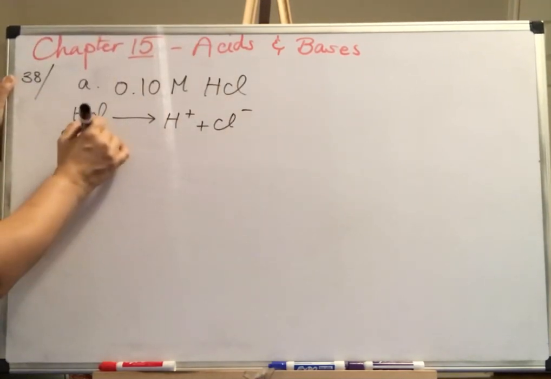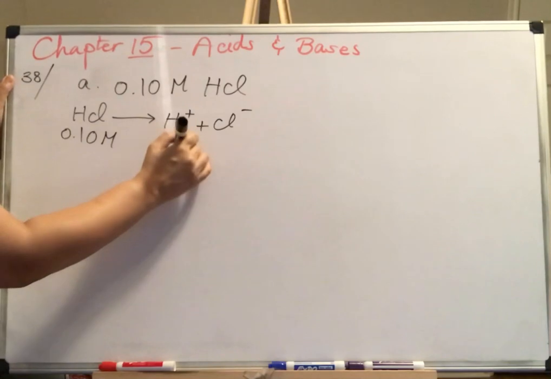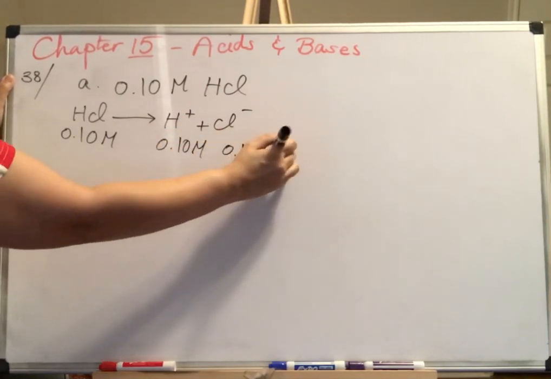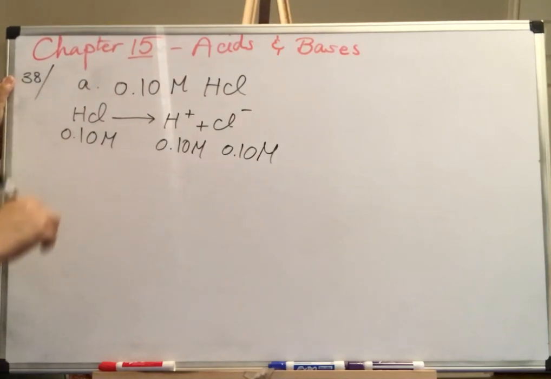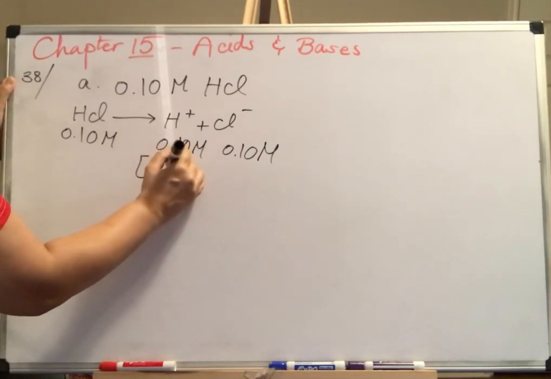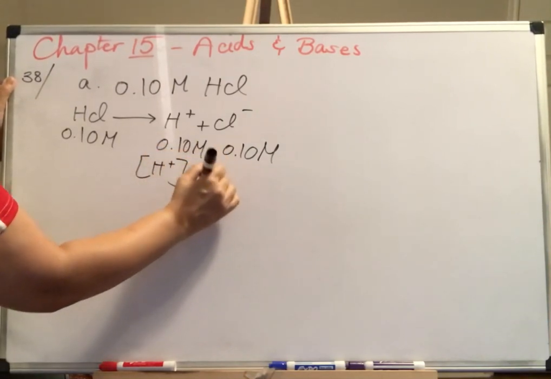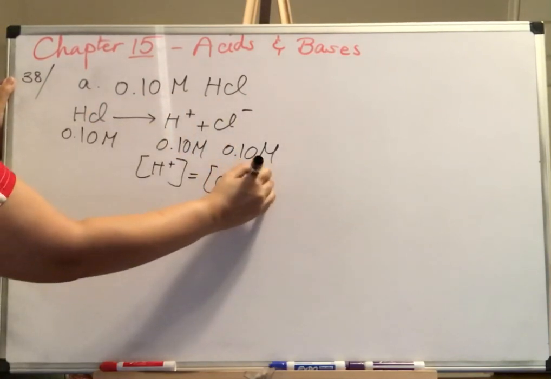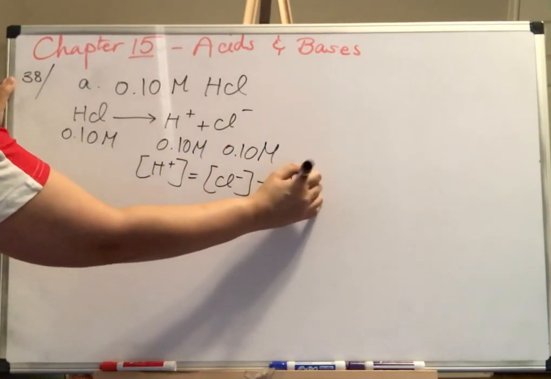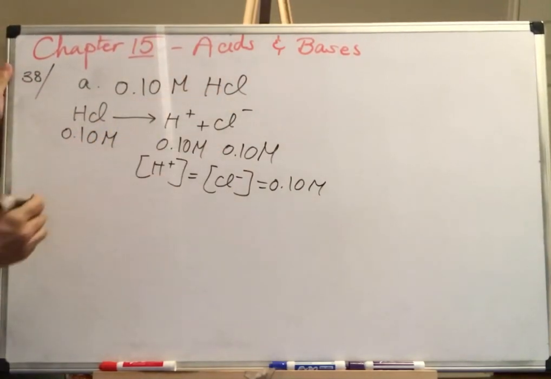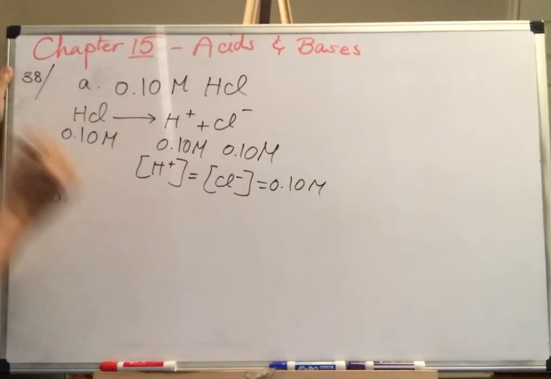So 0.1 molar is going to form 0.1 molar of hydrogen and 0.1 molar of Cl. So the concentration of hydrogen and Cl, and the coefficients are 1 also, is both 0.1 molar.